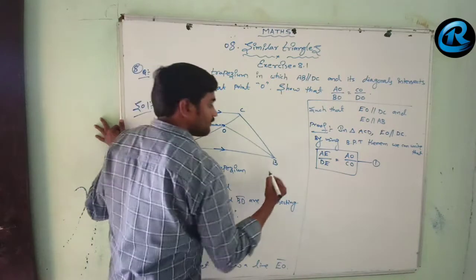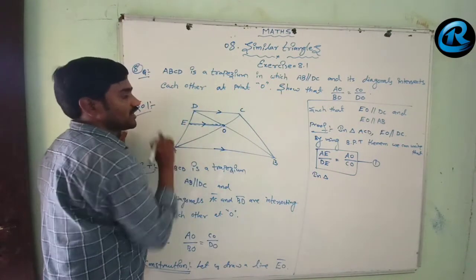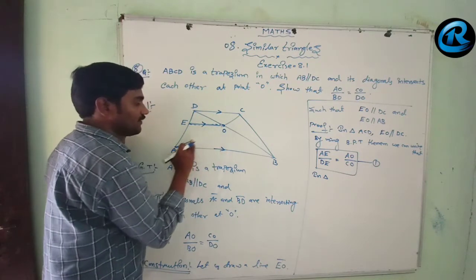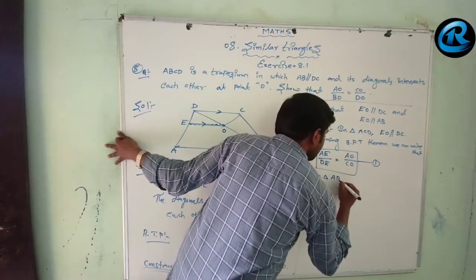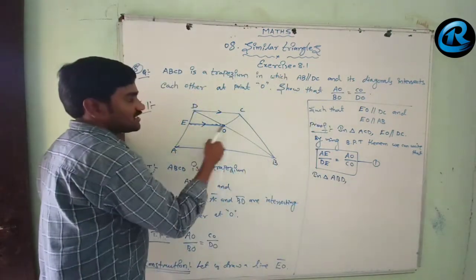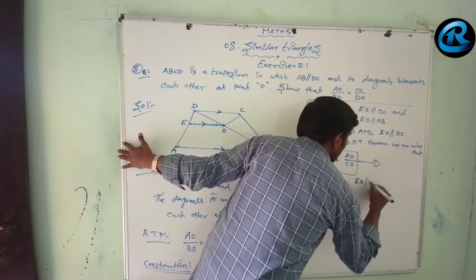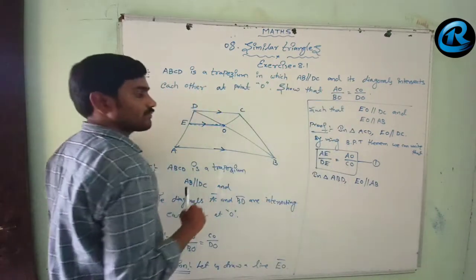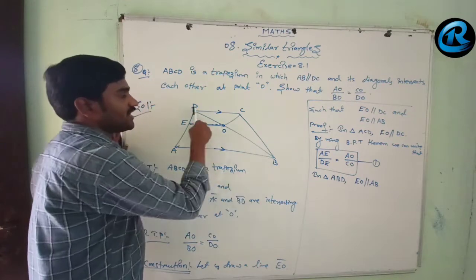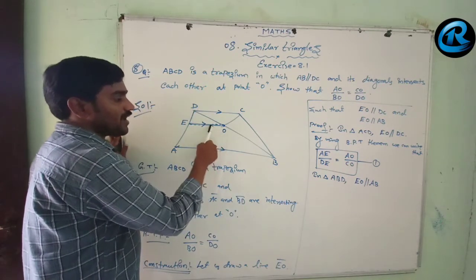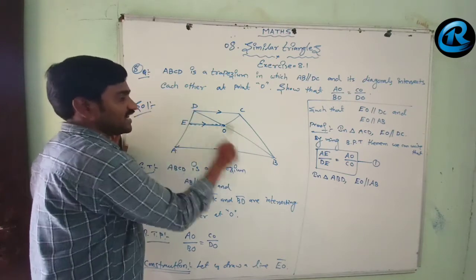Similarly, now we have to take triangle ABD, where this EO is parallel to AB. Now by using BPT theorem, in this ABD triangle, this EO is parallel to one side of the triangle, and it intersects the two sides AD and DB.